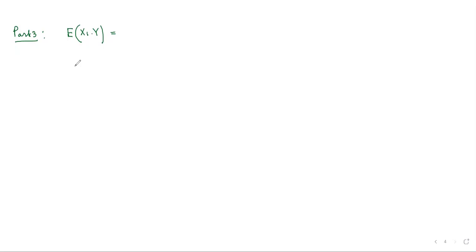To calculate the joint expectation, we have to consider the pair of random variables together, isn't it?